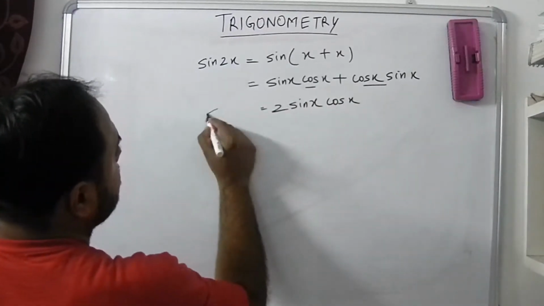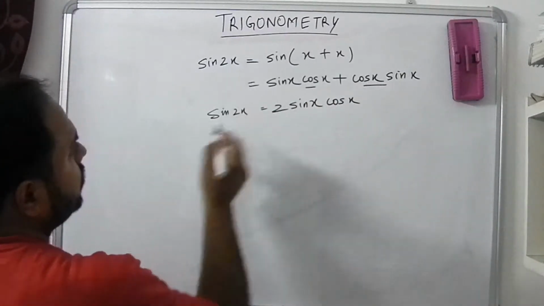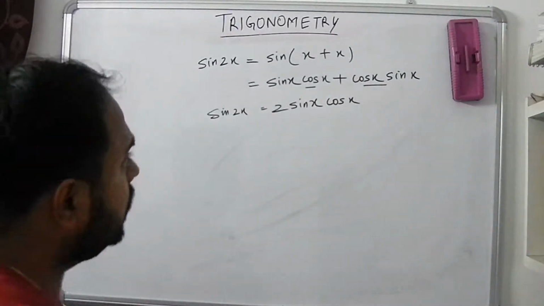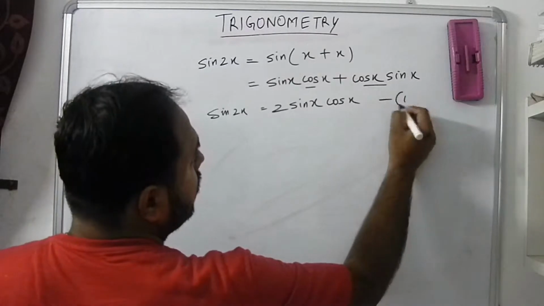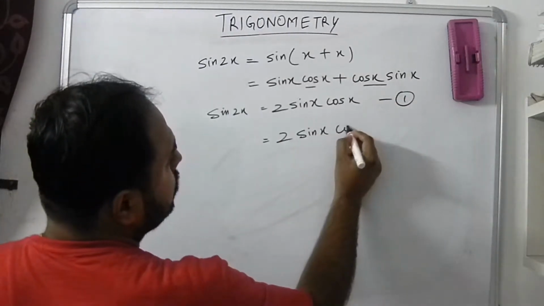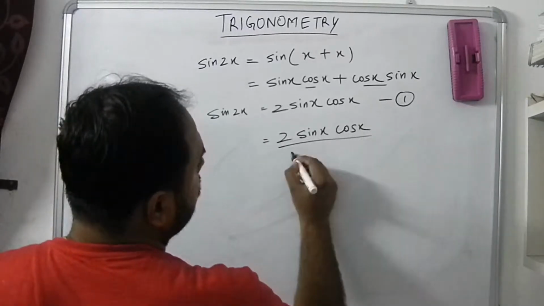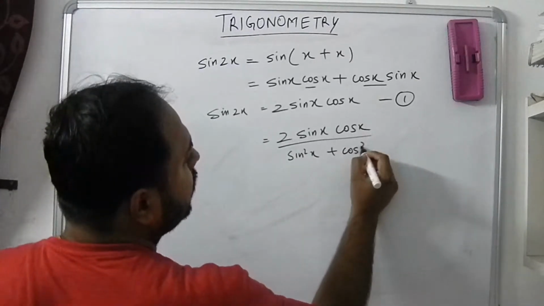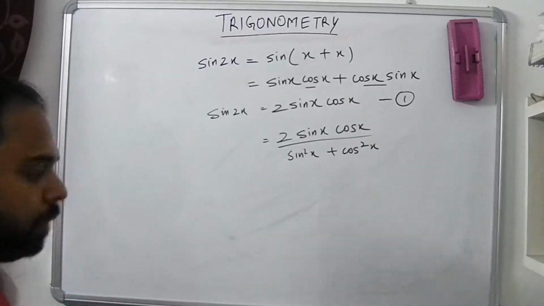So that is a good expansion of sin 2x. Again, we can write it as 2 sin x cos x upon sin square x plus cos square x. We can divide by this again because this is again 1.